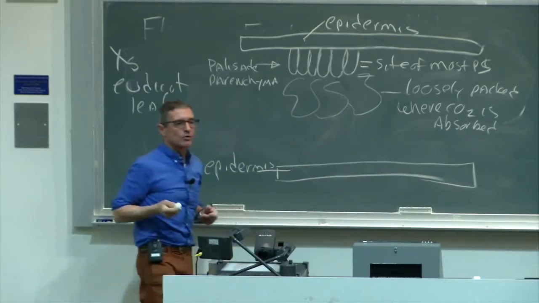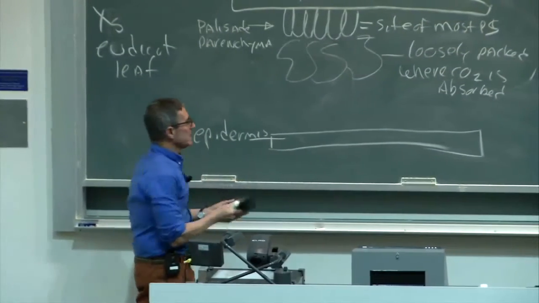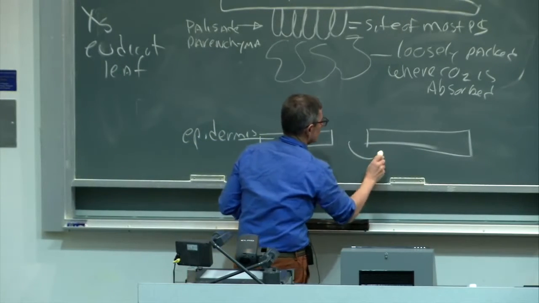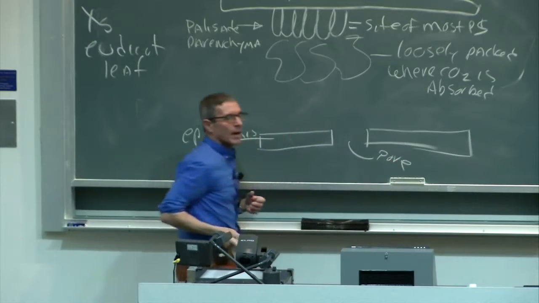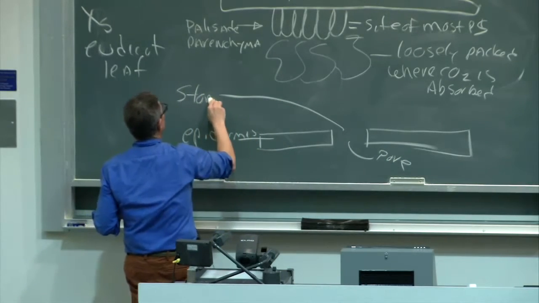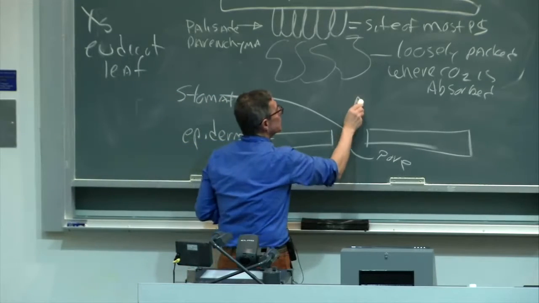Now, how does the CO2 get into the leaf? We mentioned last time that there were pores. And we said that this pore was called stomata. So CO2 would enter.